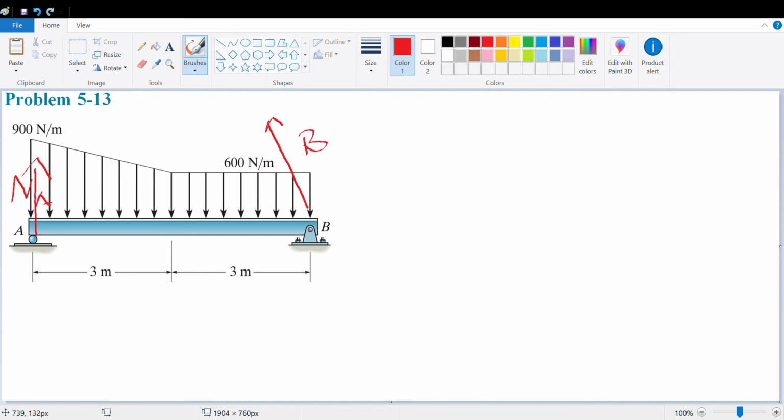So, as I said, the first thing we need to do is to draw the free body diagram. It's very important.